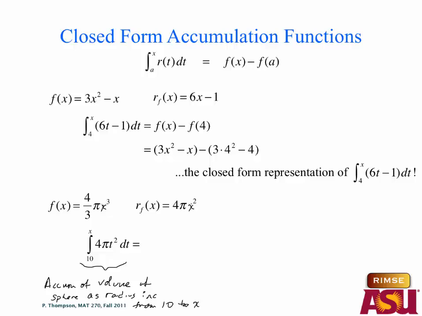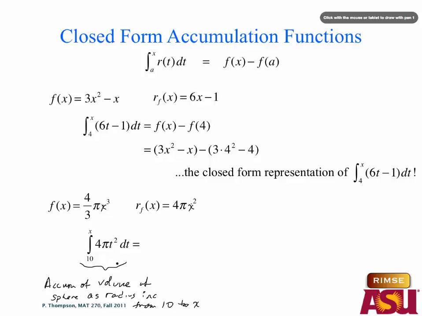Or how's that expressed? Many, yeah, right. So from 10 to 10.001, find that amount of change in the volume. And then from 10.001 to 10.002, find that little change in the volume. And then you continue to add up all those bits of change in volume until you get, and then add them all up from 10 to x, okay?